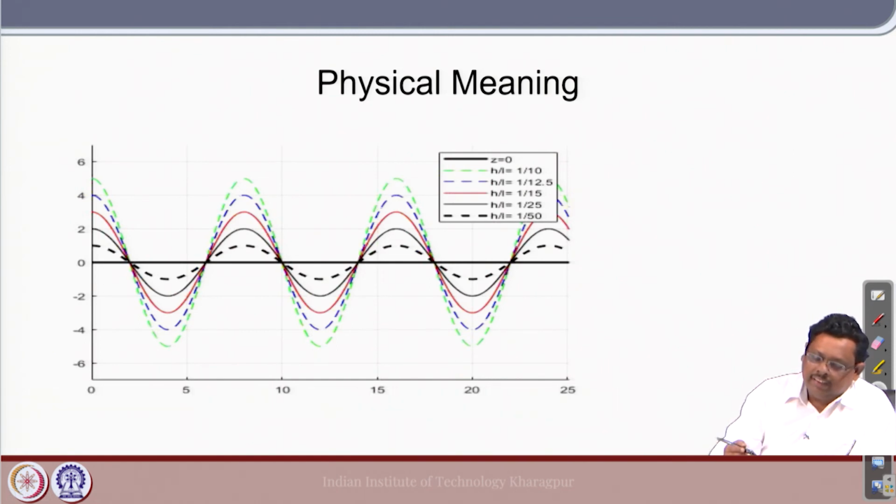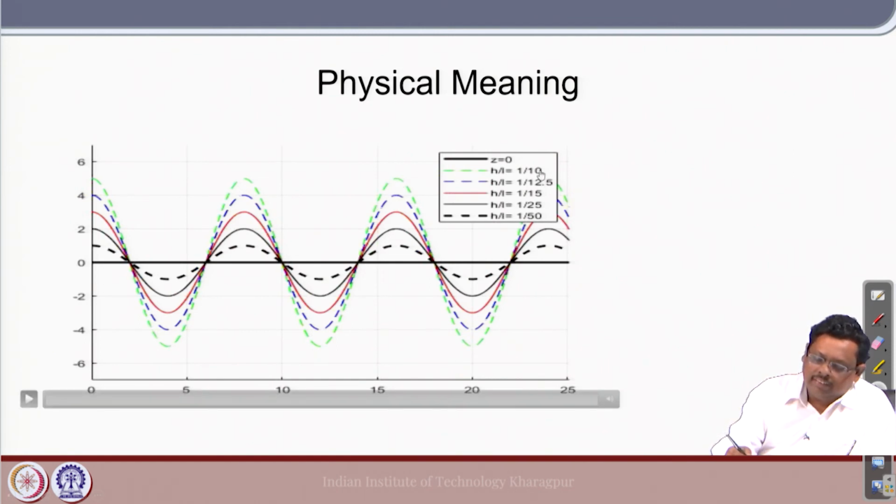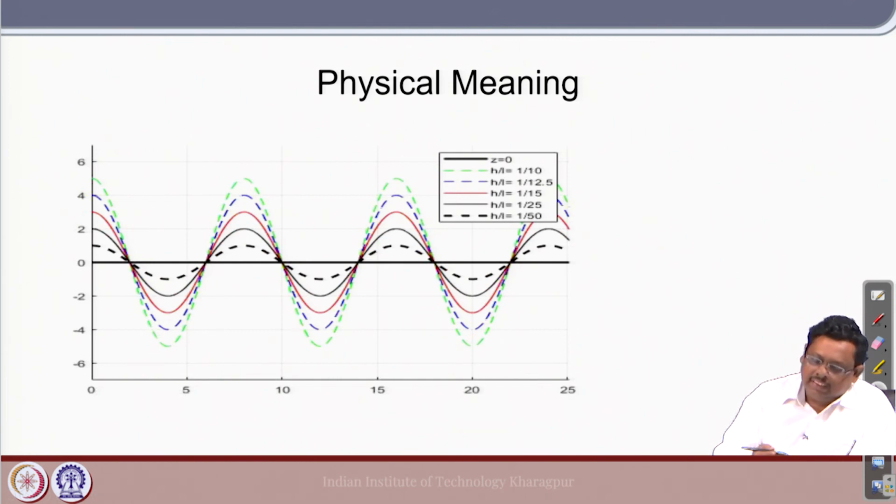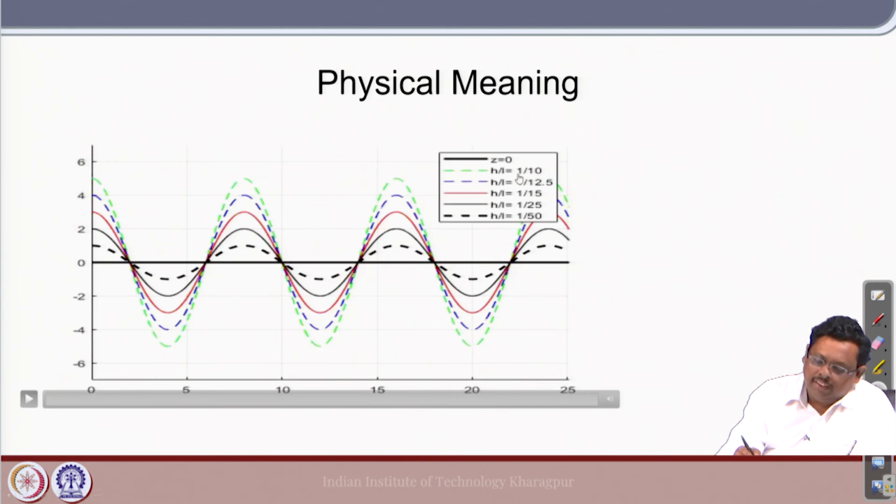This is called the wave steepness. An H by L of 1 by 10 means it is very steep. I decrease it slowly: first 1 upon 10, then 1 upon 12.5, then 1 upon 15, 1 upon 25, and finally 1 upon 50. When it is 1 upon 15, the elevation is really small.